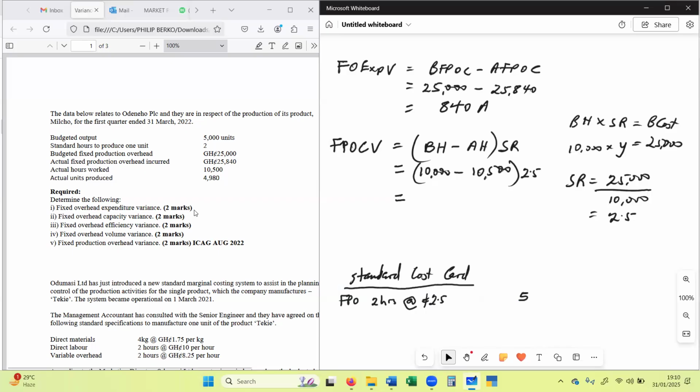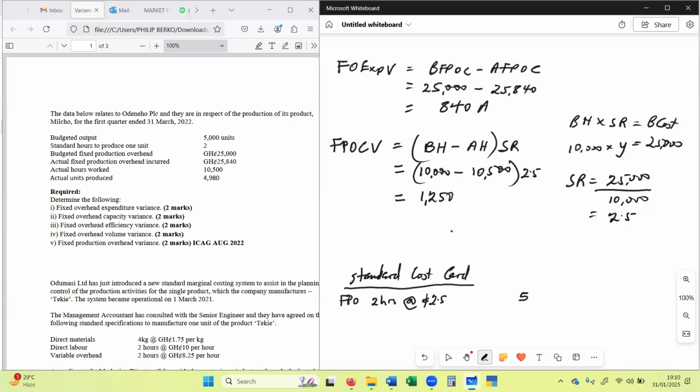So you can devise various means to get it, either using the output or the hours. You will still get 2.5. So how much will you get? 500 times 2.5 gives us 1,250.